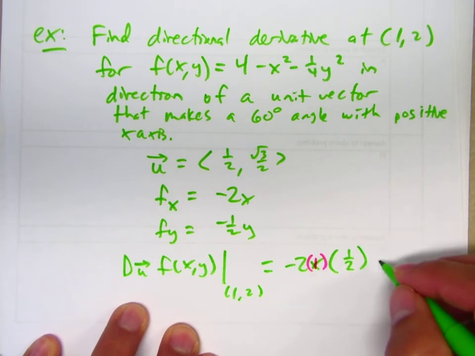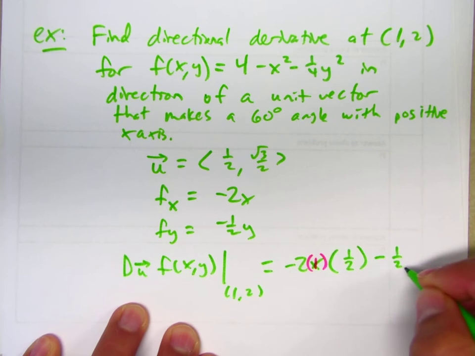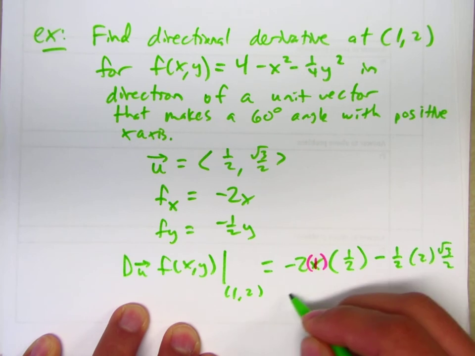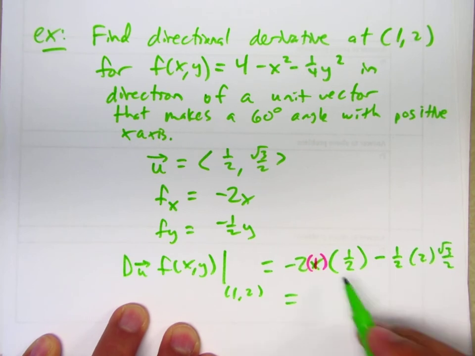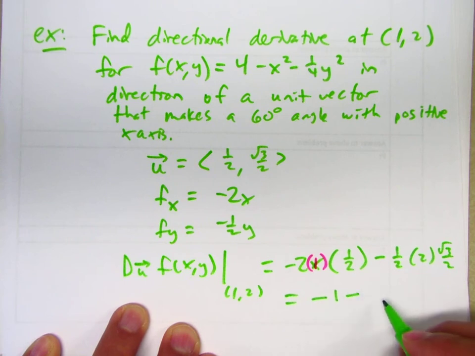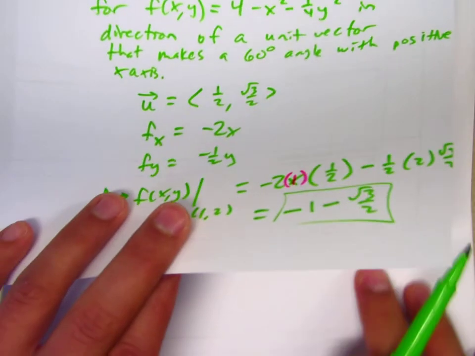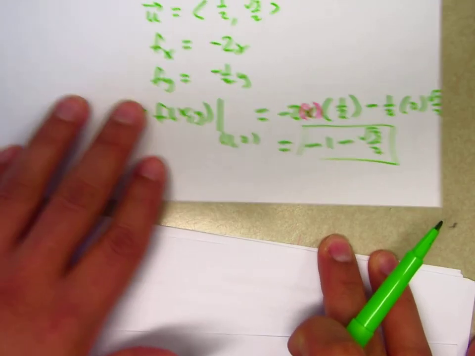And then minus 1/2 y is going to be 2. And then we still have the sine of 60, which is root 3 over 2. And so if you clean that up, you get negative 1 minus root 3 over 2. Okay.